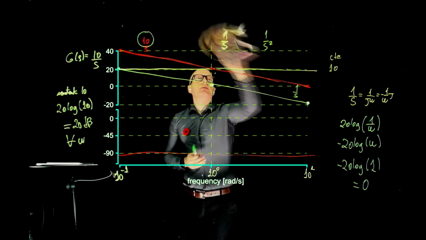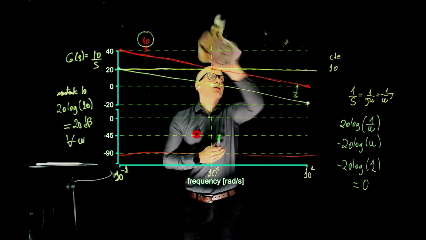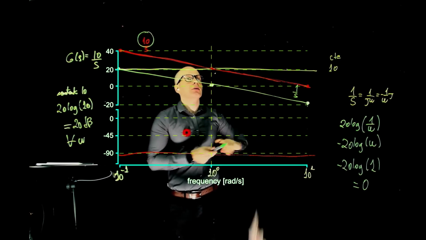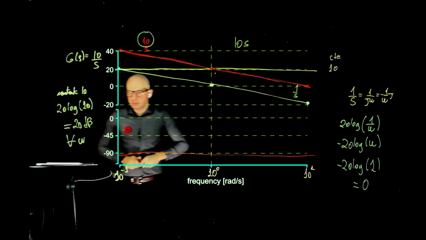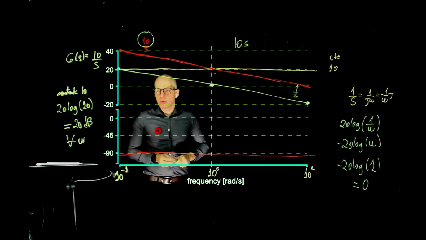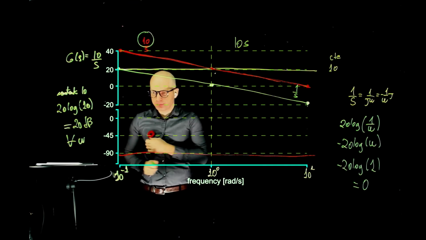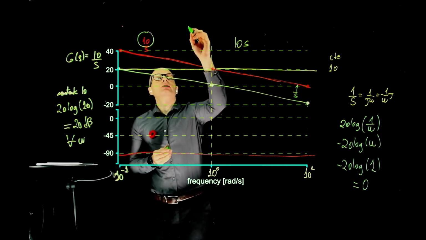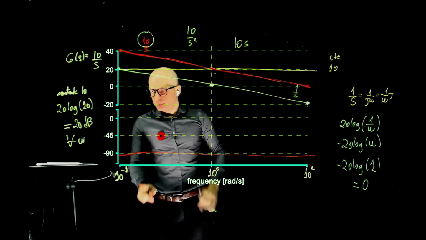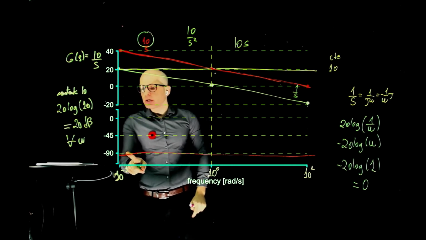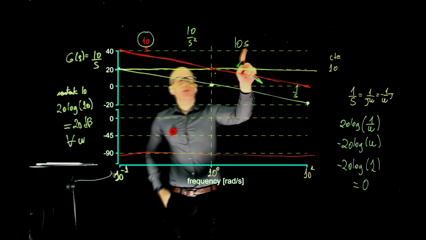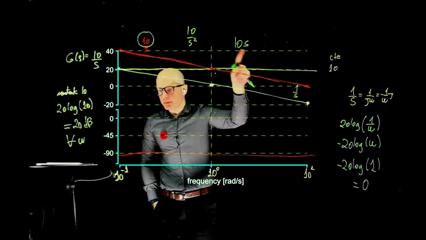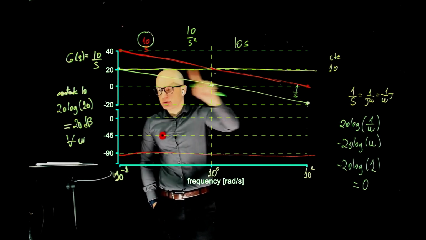What would happen if this was instead 10 times s? So it'd be a 0 instead, not a pole. Also for the 10 over s squared, the phase would now be negative 180, negative 90 for each pole. If you have 10 times s, what happens? Well, 10 doesn't change, it's still a constant gain.